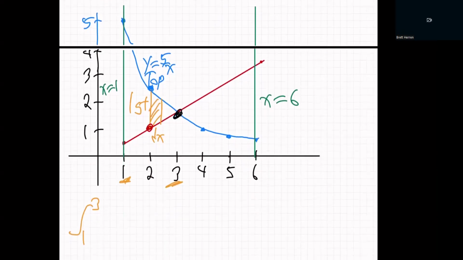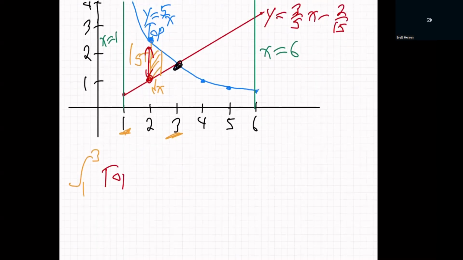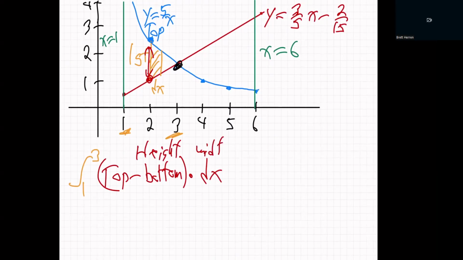So this is the height, top minus bottom. That'll give you the height of that rectangle times dx, the width. That's the height times the width, which is how we find the area of a rectangle. That'll give you the first one.